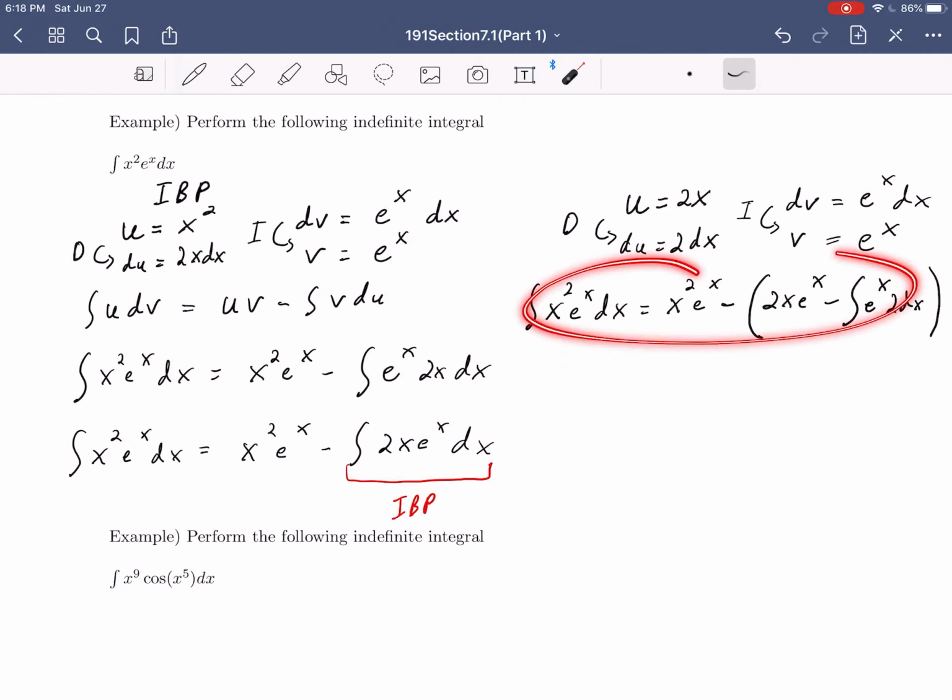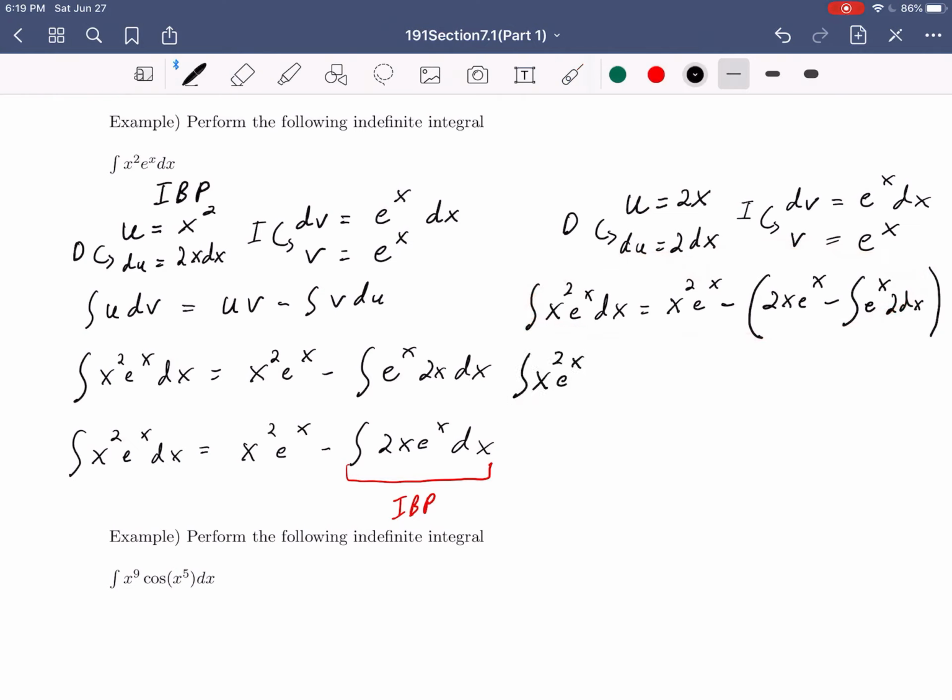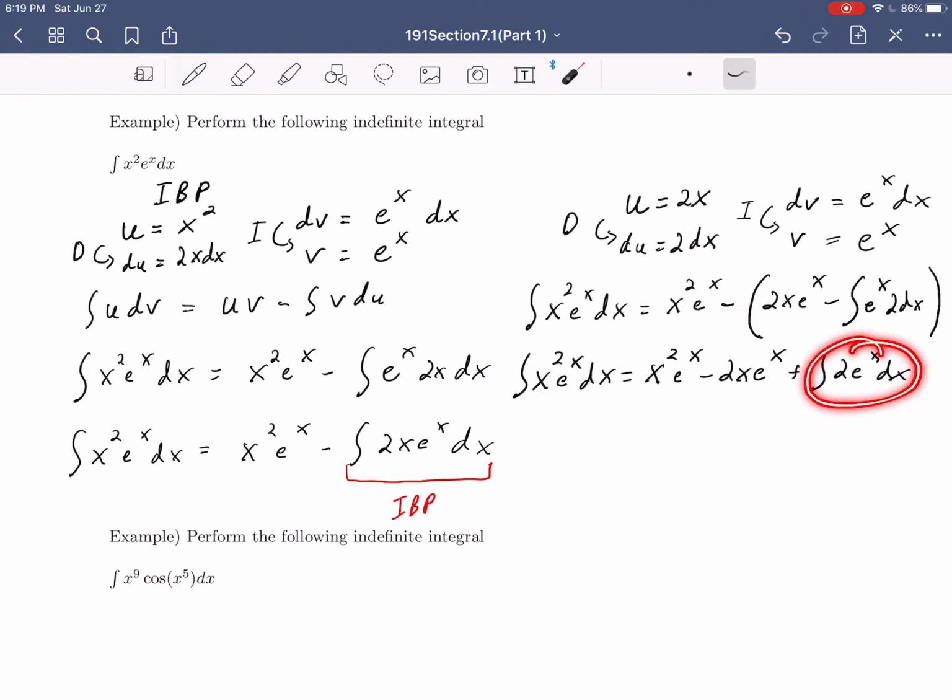Okay, let's do a little bit of simplification. We still have an integral, so we're still not quite done. X squared e to the x dx is x squared e to the x minus 2x e to the x plus the integral of 2e dx, right? That's just distributing that negative sign. All right, integral 2e to the x dx. Hopefully we know how to do that. Yep, that absolutely is. We know how to integrate e to the x dx.